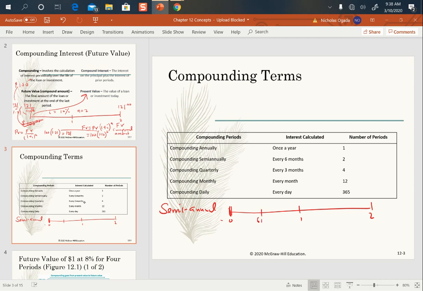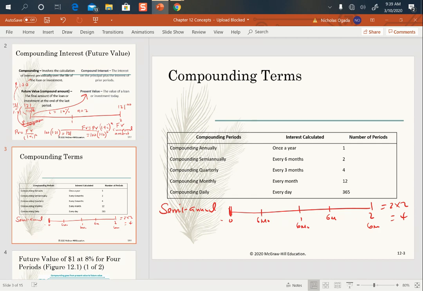The first 6 months you earn interest, the next 6 months you earn interest, and so on. In other words, how many compounding periods do you end up having? It's not just 2 years. You have 2 periods per year, so times 2 years, you'll end up having 4 periods. If you're just investing for 1 year, then you'll have 2 periods.